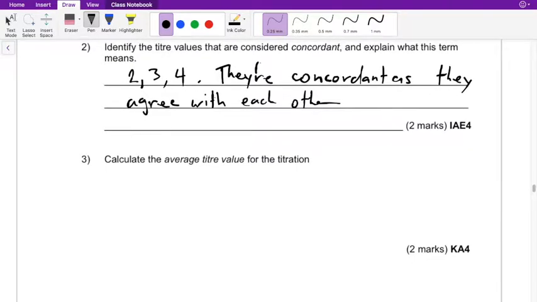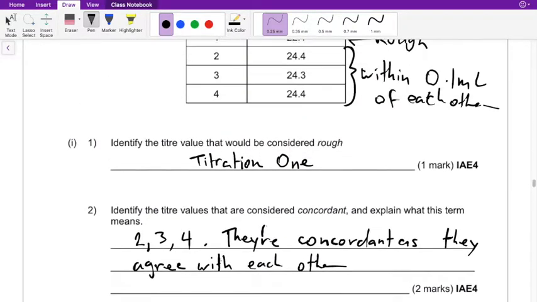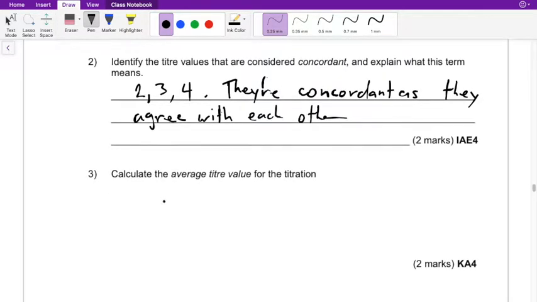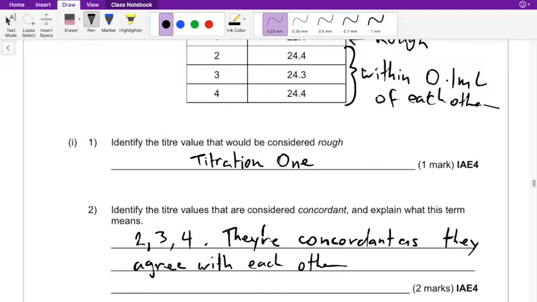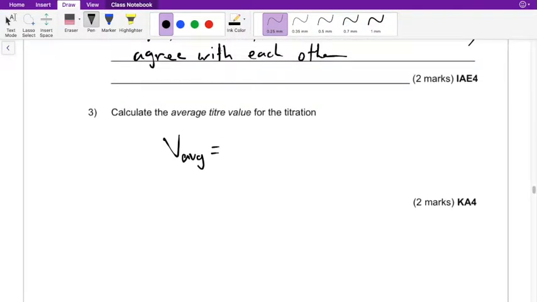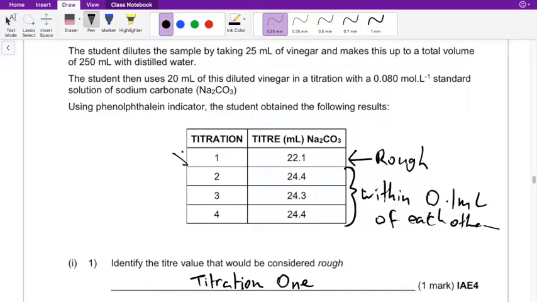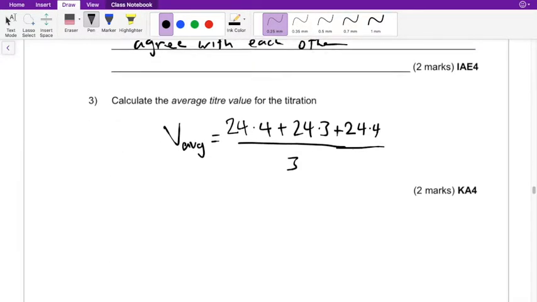Calculate the average titre value for the titration. So we're not going to think about the rough titre, we're only going to use the concordant values. So the average, which I'll say is V average, equals 24.4 plus 24.3 plus 24.4 divided by 3. We're not going to use this one here because it's not concordant. We don't agree with it.